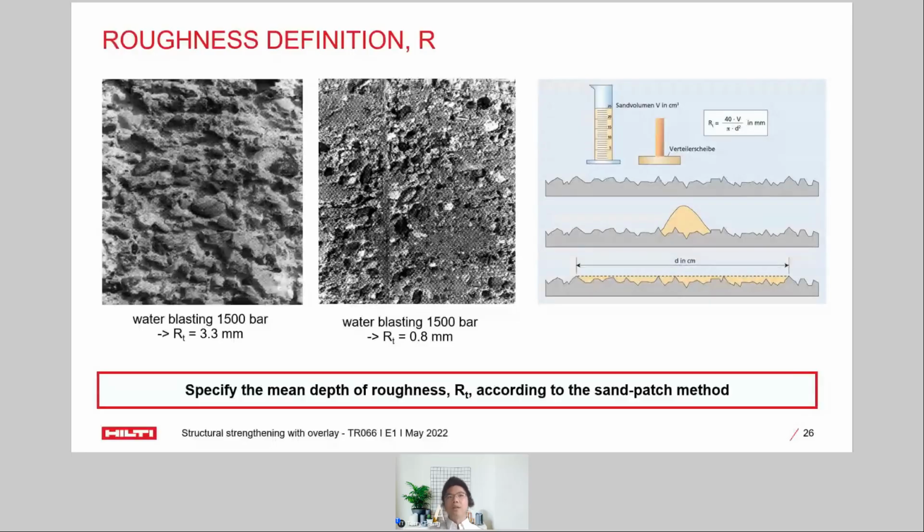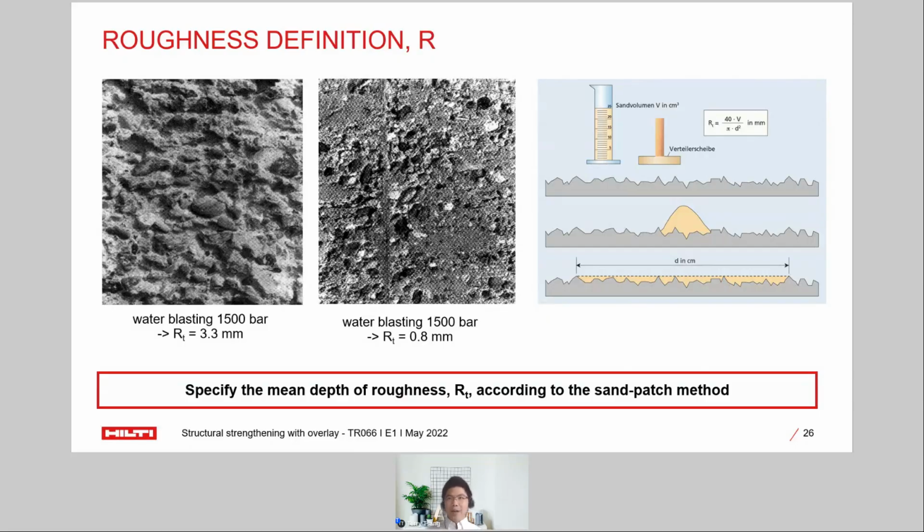The one on the left hand side is a very good one, where the aggregate is fully exposed at 3.3 millimeters roughness, while the right hand side is a rough surface, but not as rough as the left hand side. So it's important that we are not only looking into the way to roughen the surface, but also specifying the roughness, the R number, because, as we will show later, it will affect your calculation a lot.